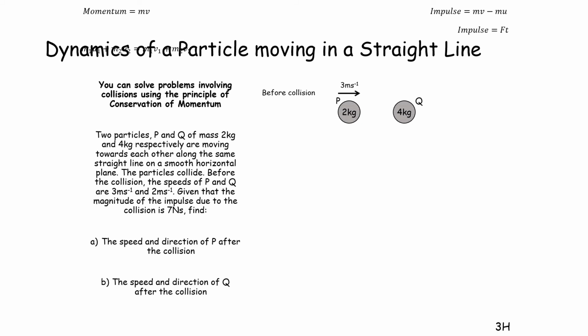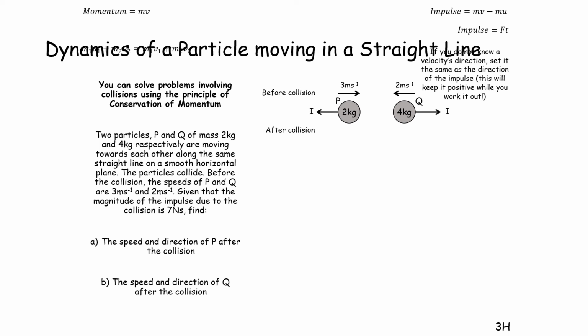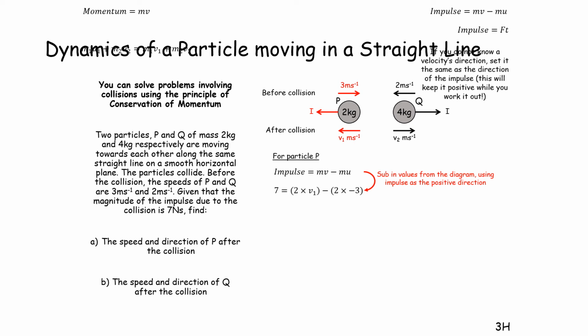Okay, so before collision, after collision, if we use the impulse formula for P, make sure you are careful which way you're resolving. The impulse was given, so we could work out what the velocity was, and that's 0.5 meters per second.